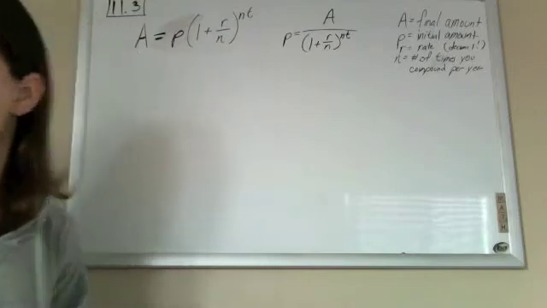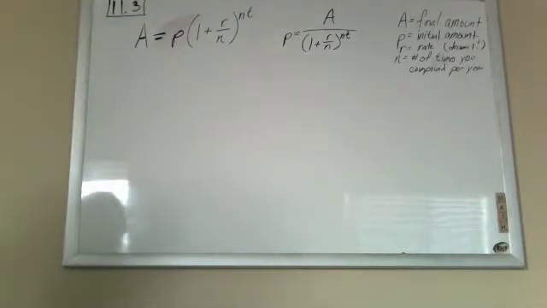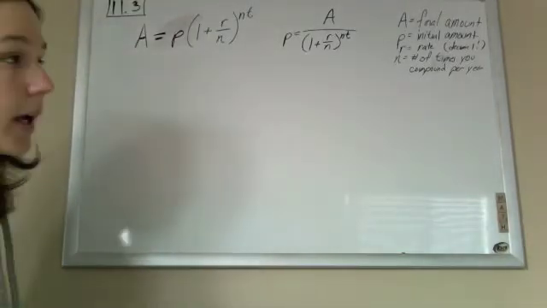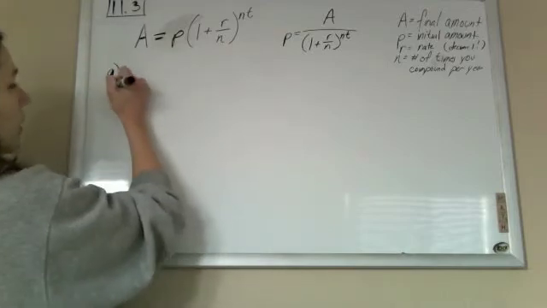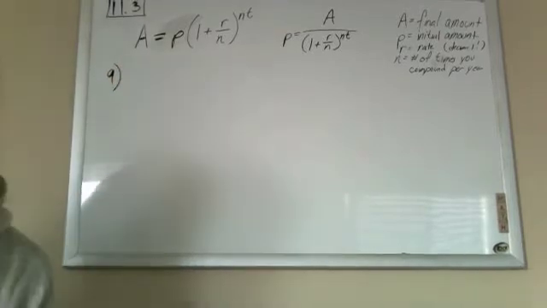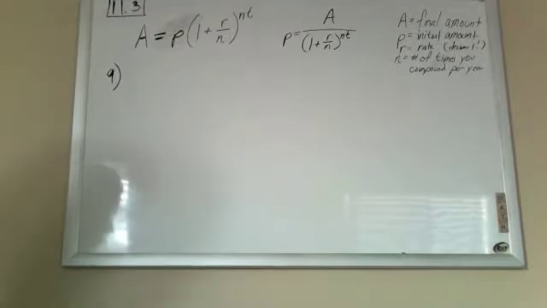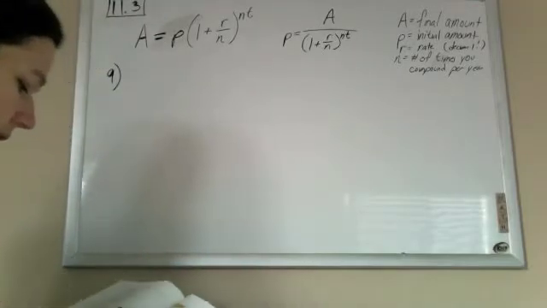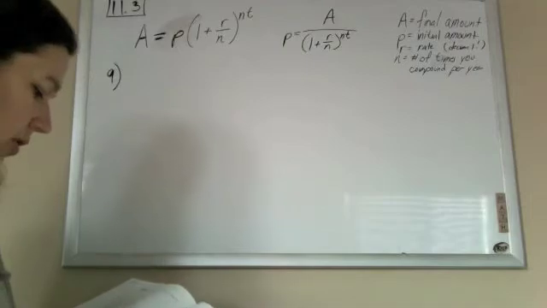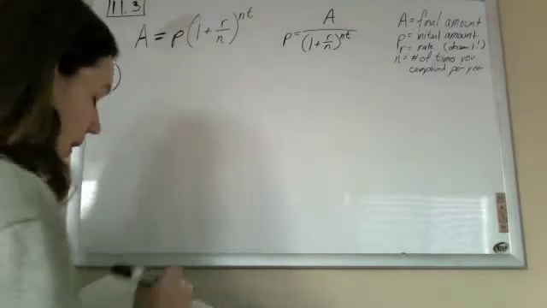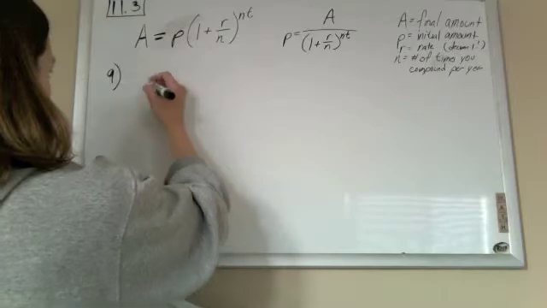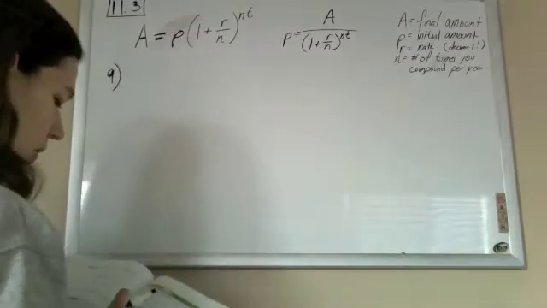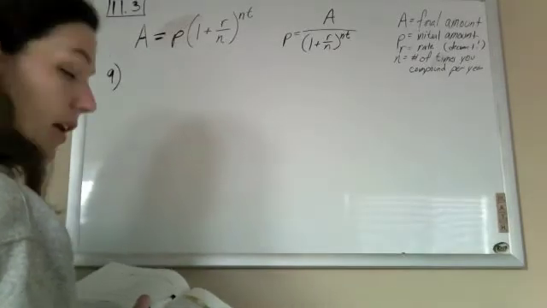So the first problem is number 9, and they have $2,000 for 4 years at 3%, and so that $2,000 is the initial amount. They want to know the final amount.